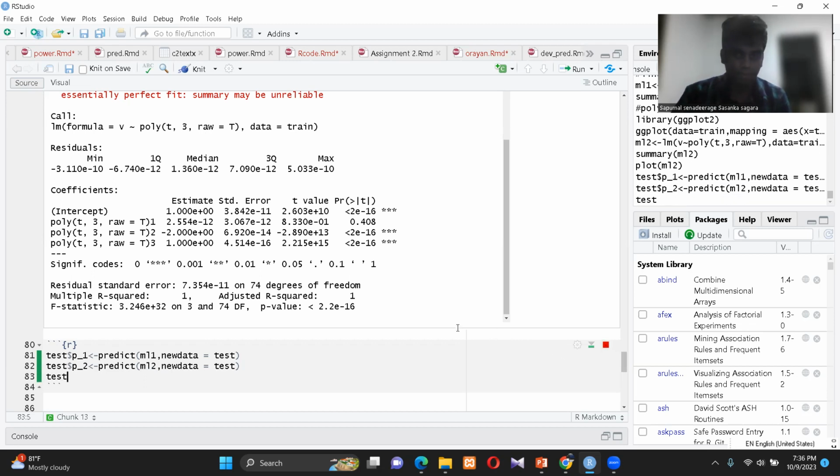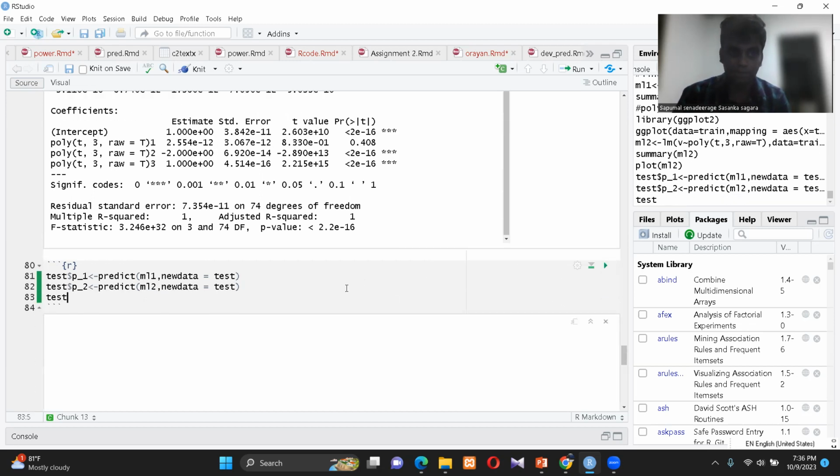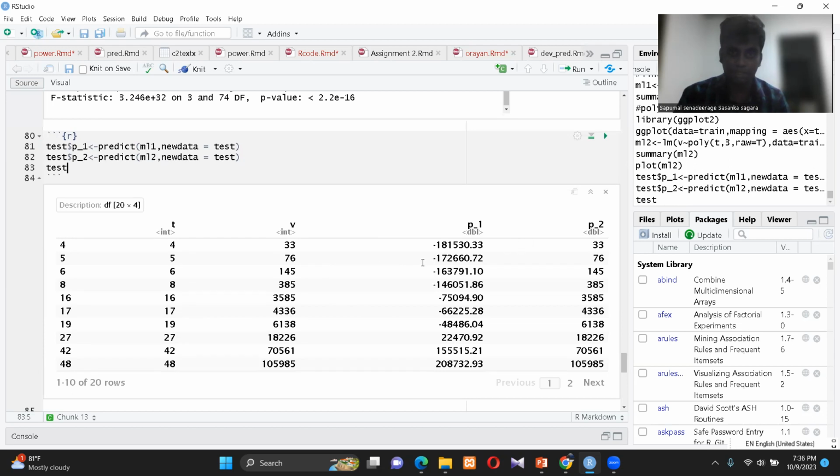Now we want to compute root mean square error.